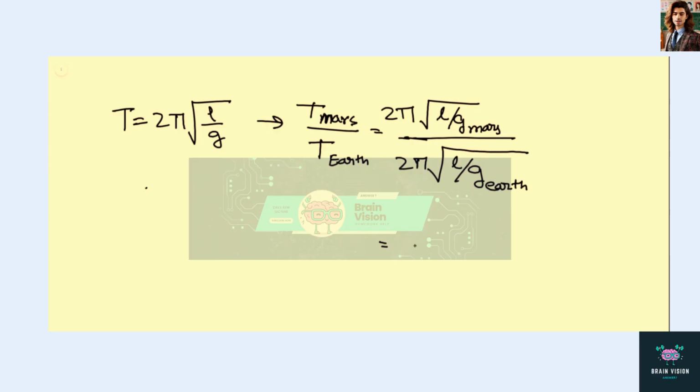So this is equal to the square root of g Earth divided by g Mars.